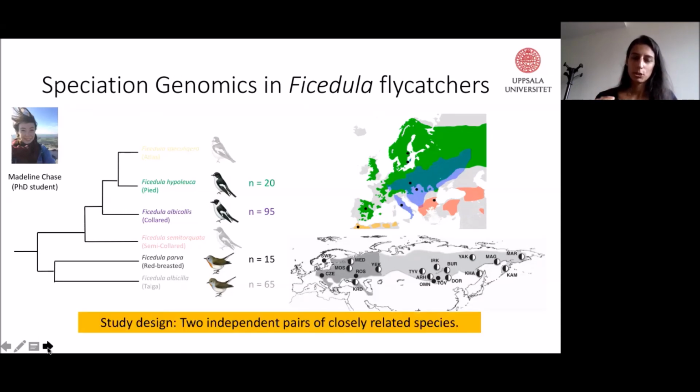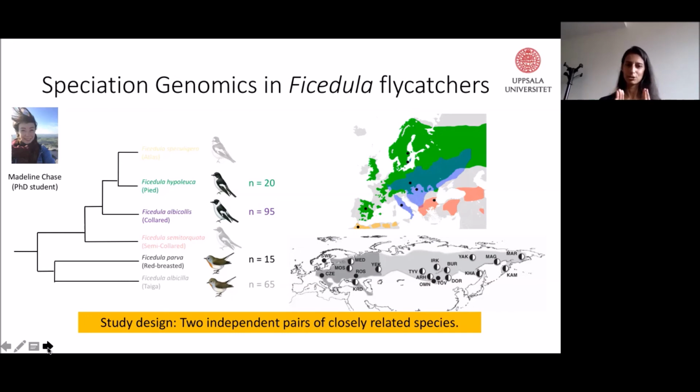And we chose those species because we wanted to study 2 independent pairs of closely related species so that we can assess measures of natural selection at different time scales. We can look within population, between closely related species, and we can use a phylogenetic setting.